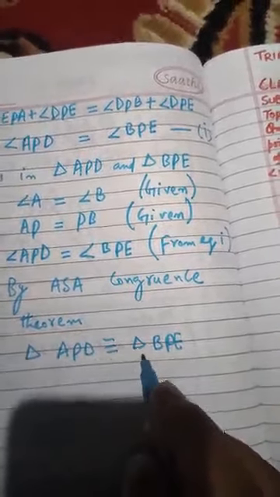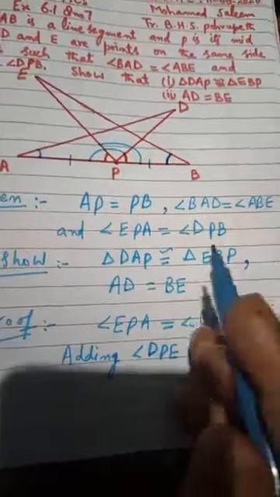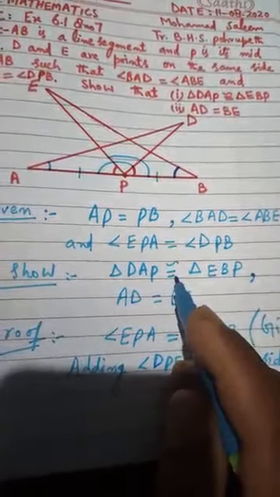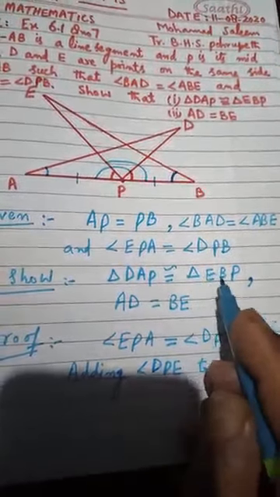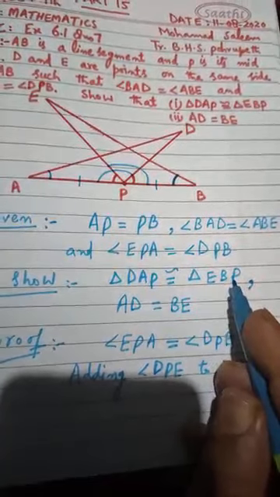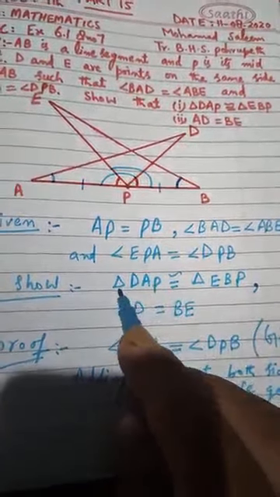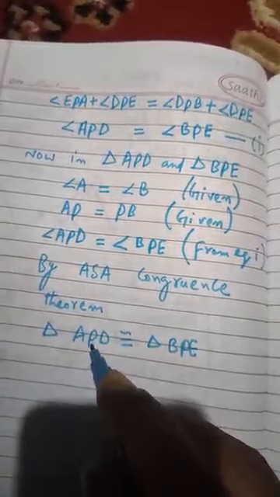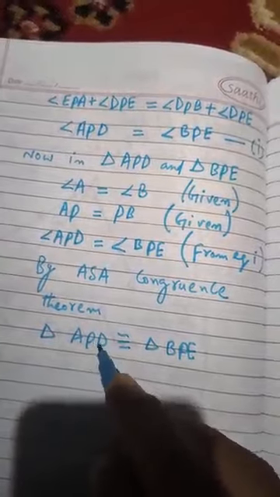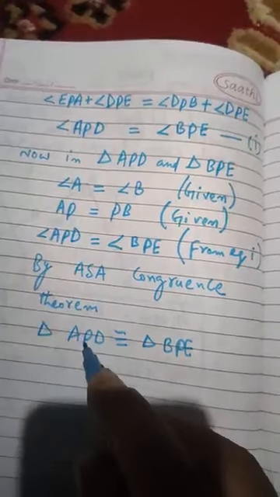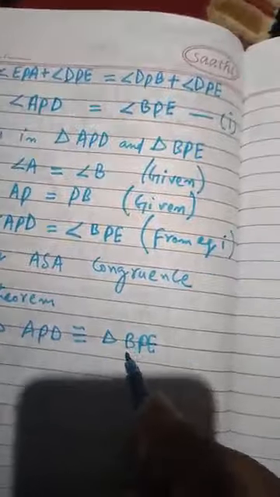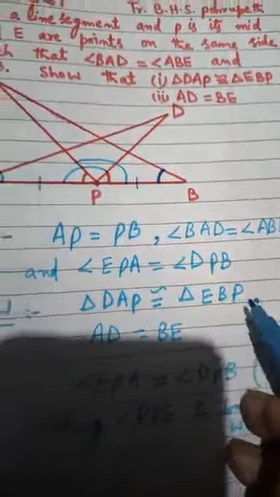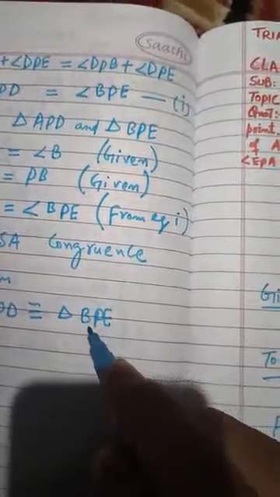Okay, now when these two triangles are congruent, in the first part we had to prove that triangle DAP is congruent to triangle EBP. That's triangle DAP, which is the same triangle as APD or DAP. Similarly, we have triangle BPE, which is the same as EBP.